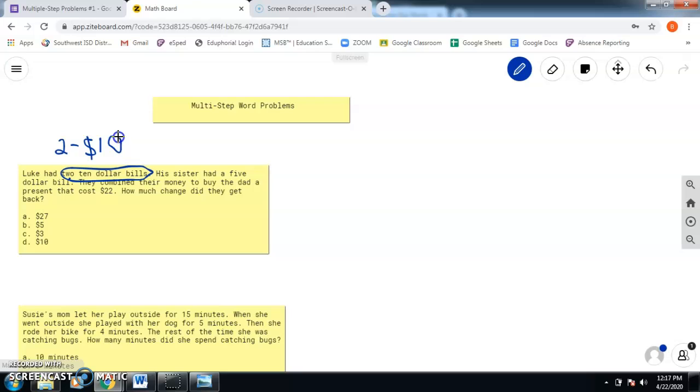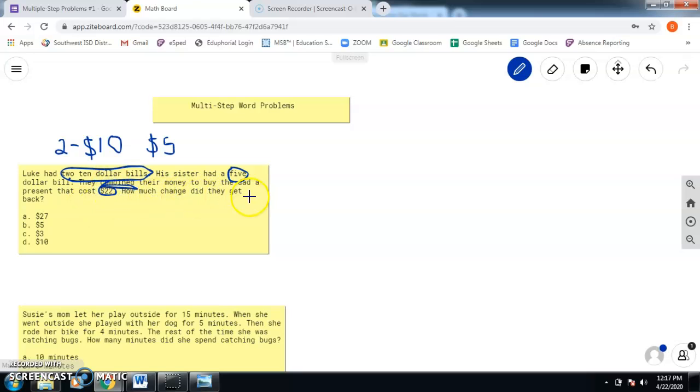Then it says, his sister had a $5 bill. Okay, so his sister had $5. They combined, that's an important word, combined their money to buy the dad a present that cost $22.